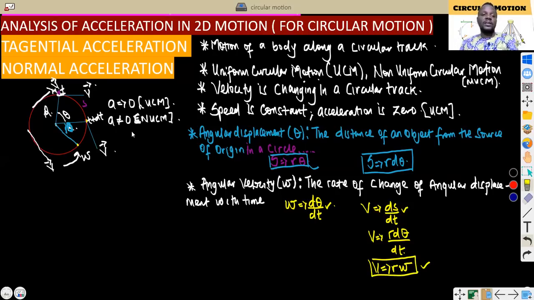Now, the next standard property we are going to define is the one we call angular acceleration. About angular acceleration, if we consider the way we define angular velocity, remember that linear acceleration is the rate of change of velocity.